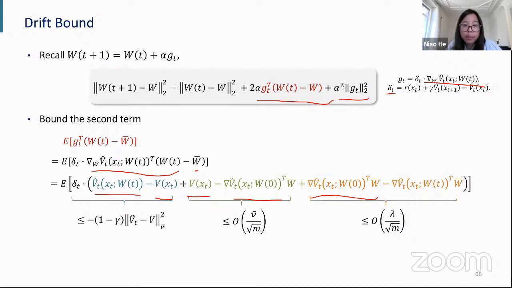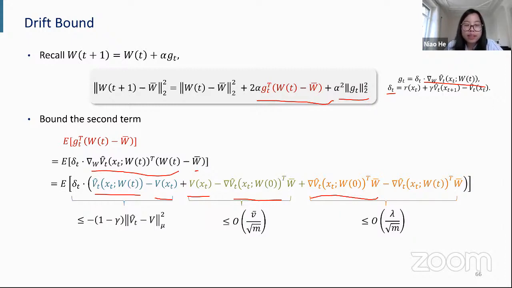It's how your parameter deviates from the initial point. And as we said, if we consider our stopping time tau, before the stopping time this is always bounded by 1 over square root of m. So you can control all of these terms, and then you get the drift bound we discussed earlier, and this leads to the final convergence, right? So this is the high level. Actually, this is essentially the whole proof.